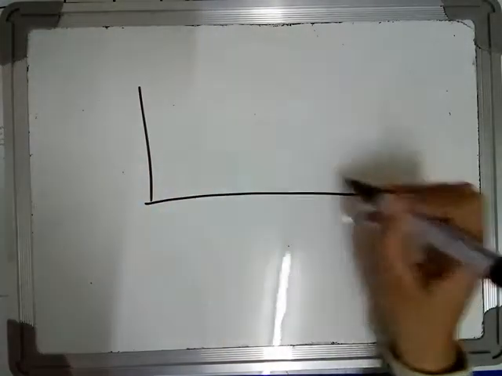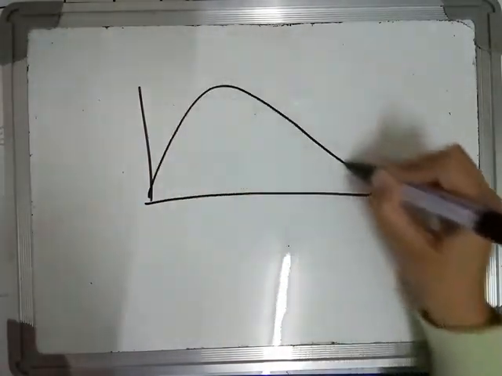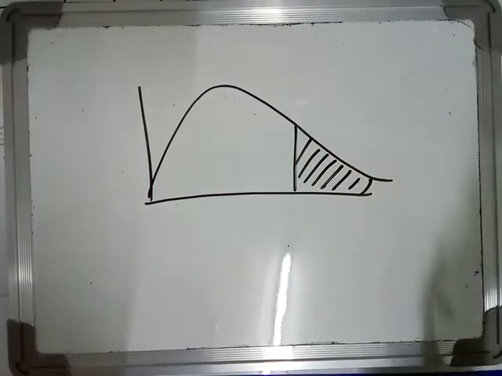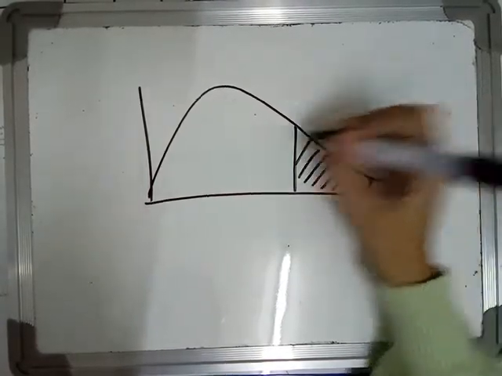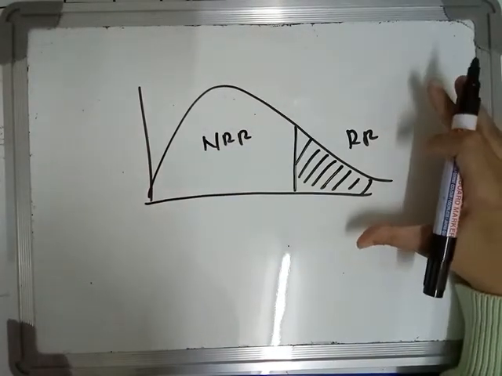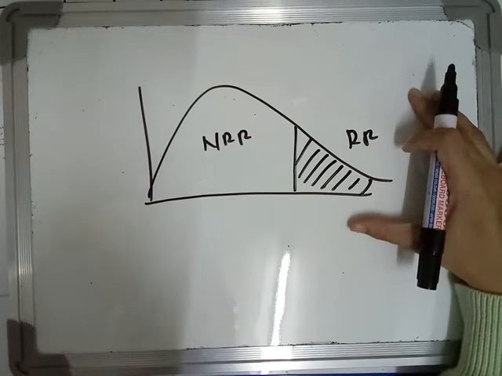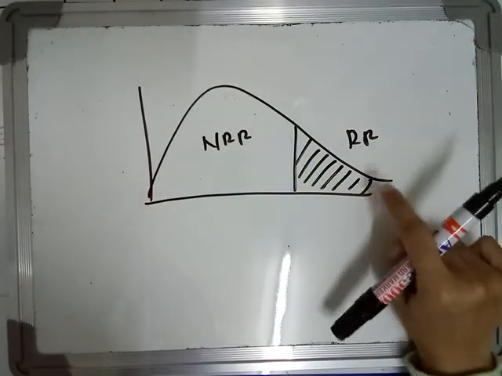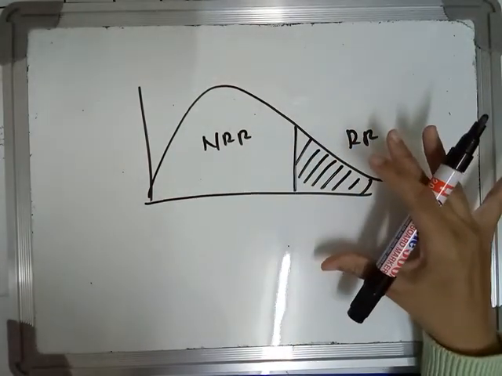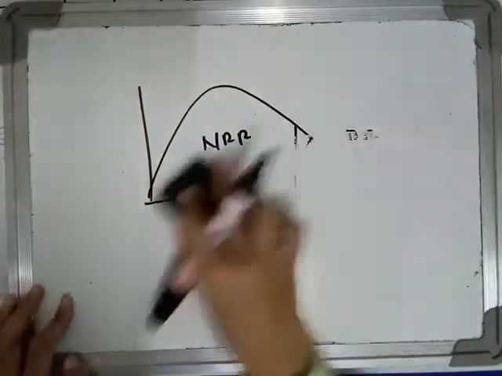Refer to your notes. In step 3, you need to draw the graph, and the rejection region is always on the right side. So this is the RR and the non-rejection region. This is the concept for ANOVA: remember, the rejection region is always on the right side. So this is step 3.